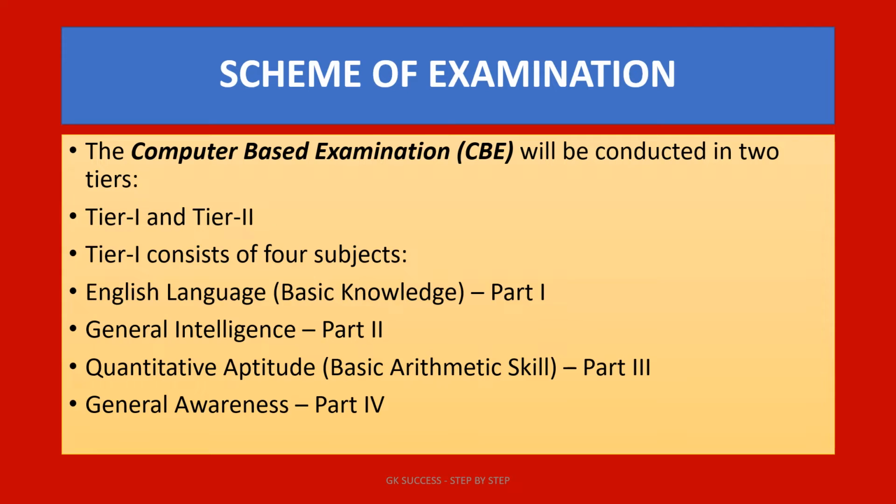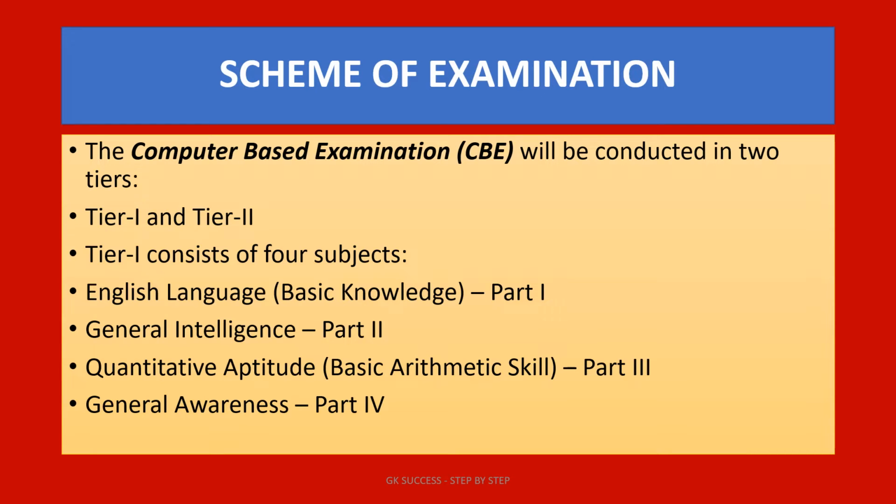Friends, first let us learn about the scheme of the examination. The computer-based examination, shortly called CBE, will be conducted in two tiers, Tier 1 and Tier 2. Tier 1 consists of 4 subjects. First, English knowledge, basic knowledge, which comes under part 1.